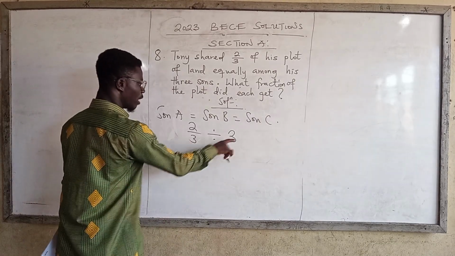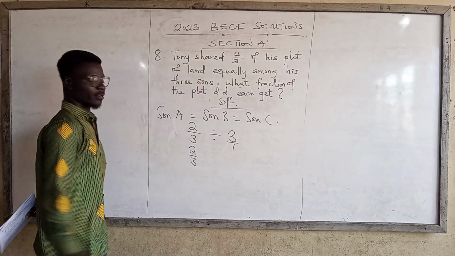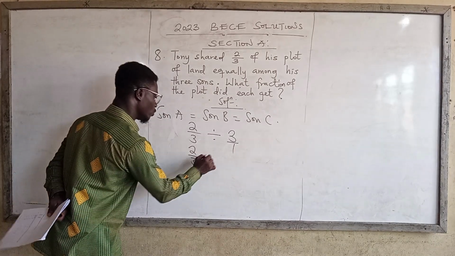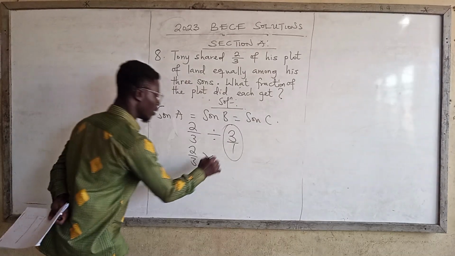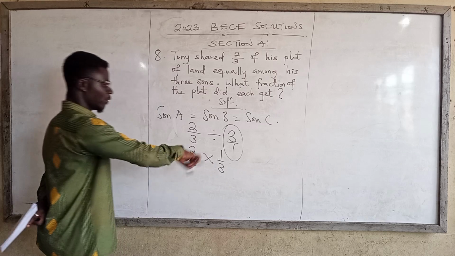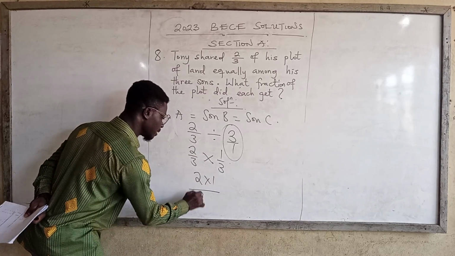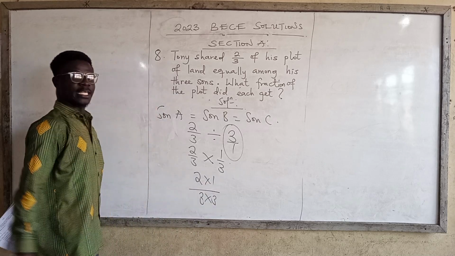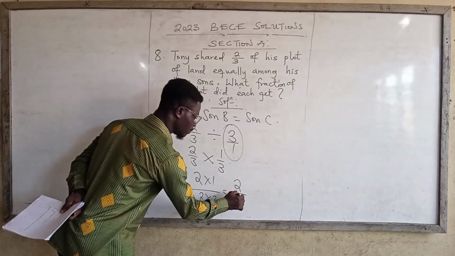So 2 over 3 divided by 3, I have 2 over 3 divided by 3 over 1. Division of fractions: what do we do? We change this to multiplication, then we take the reciprocal, which is 1 over 3. Then we get multiplication of fractions: we multiply the numerators, then we multiply the denominators. So 2 times 1, we obtain 2. 3 times 3, we obtain 9.